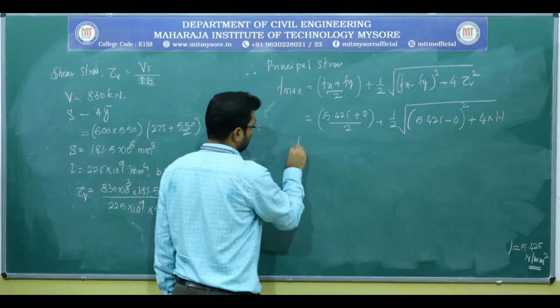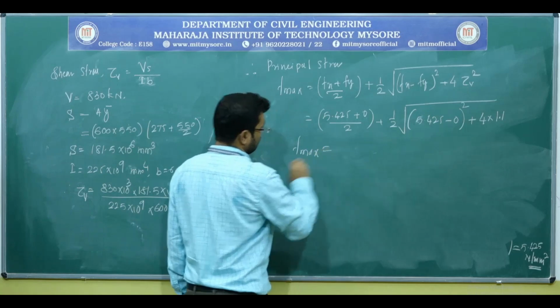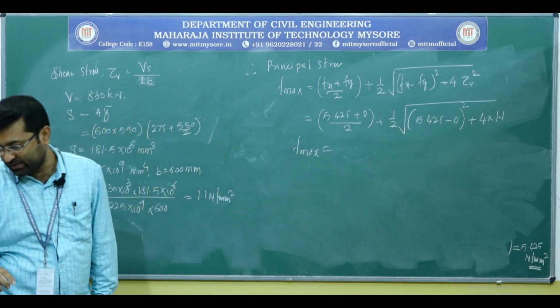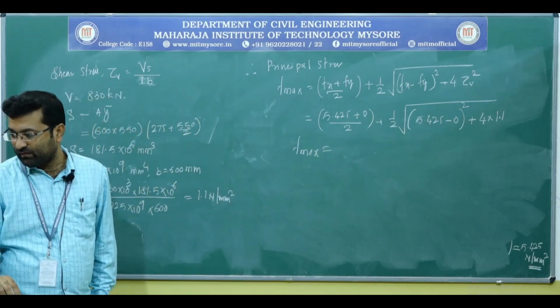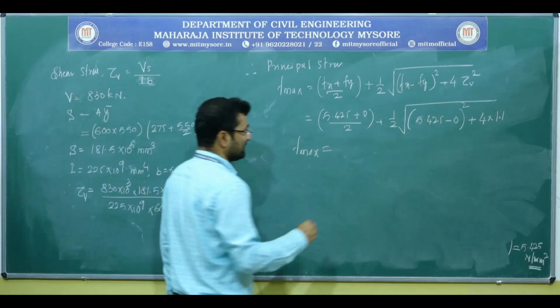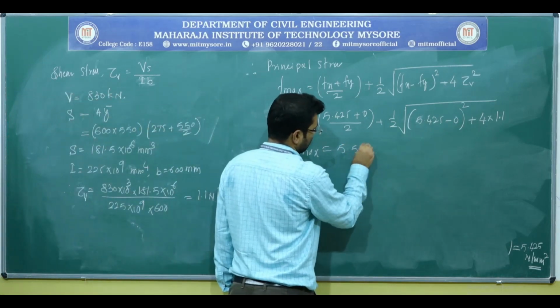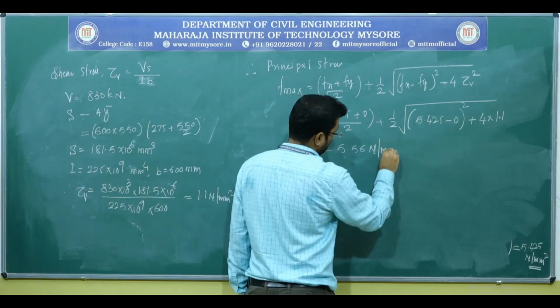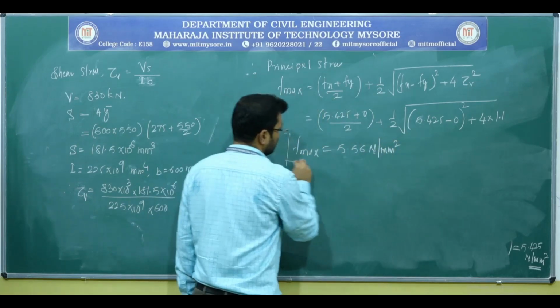This gives me a value of F max, that is maximum principal compressive stress, as 5.56 newtons per millimeter square.